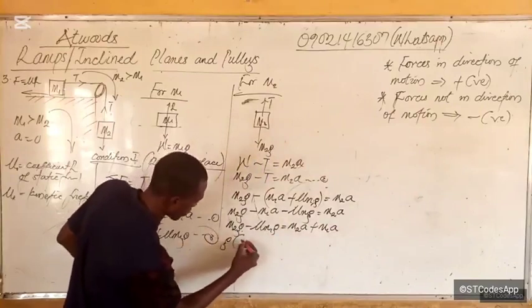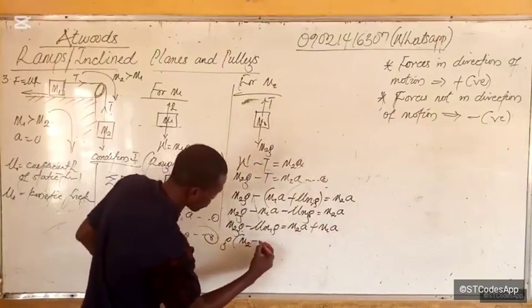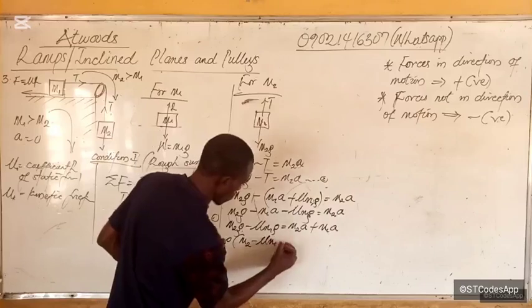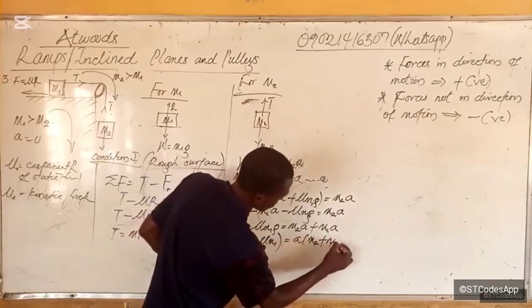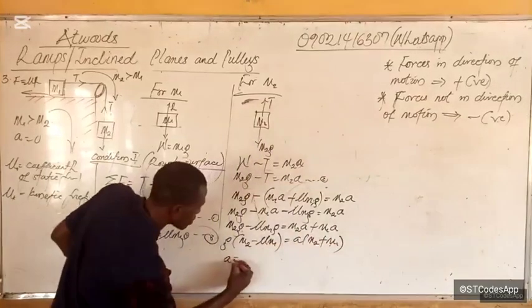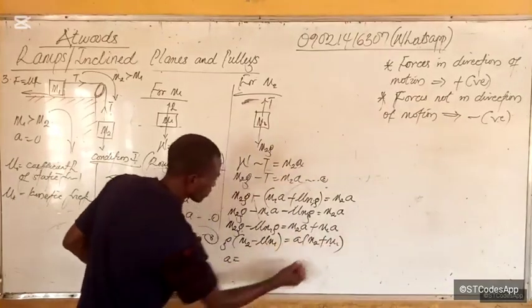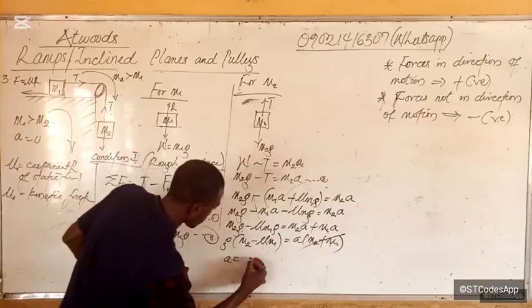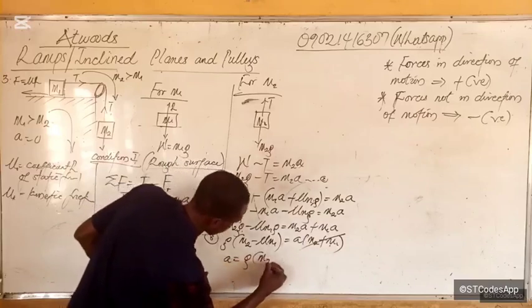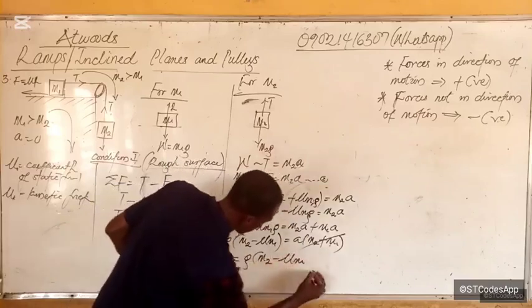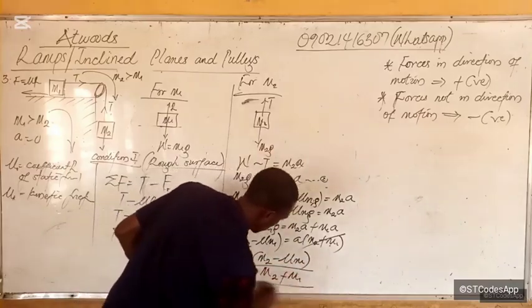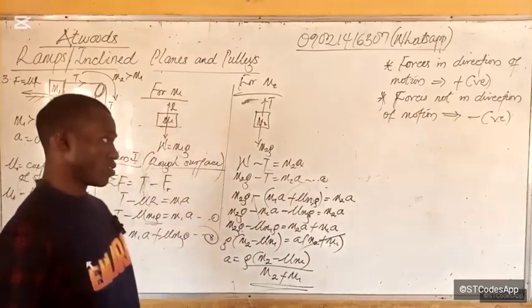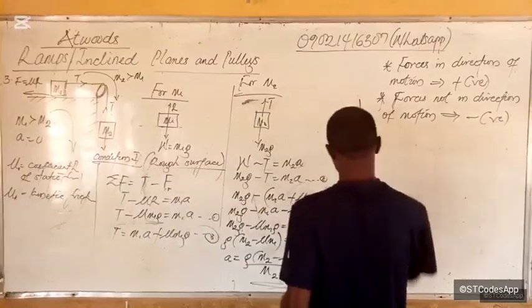So we have G into bracket M2 minus mu M1 is equal to A into bracket M2 plus M1. So A, therefore, will be equal to G into bracket M2 minus mu M1 all over M2 plus M1. And that is the value of the acceleration for the system under condition 1.